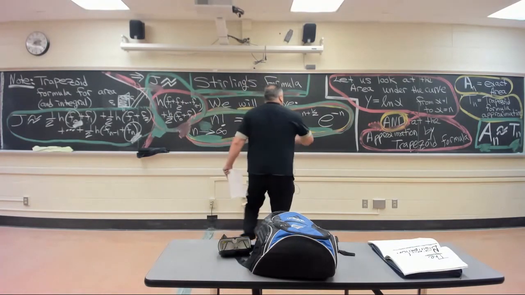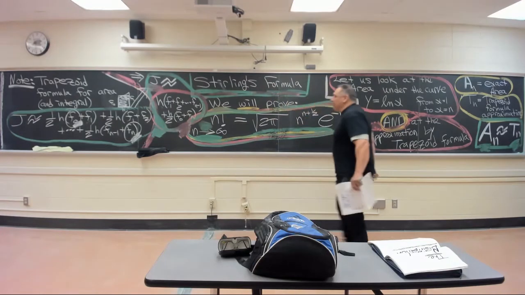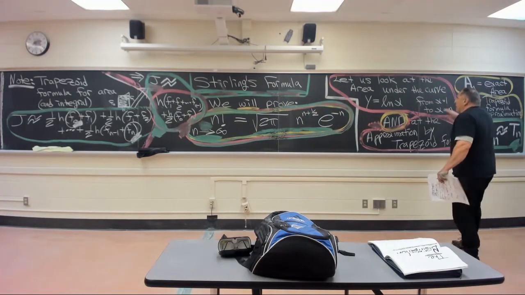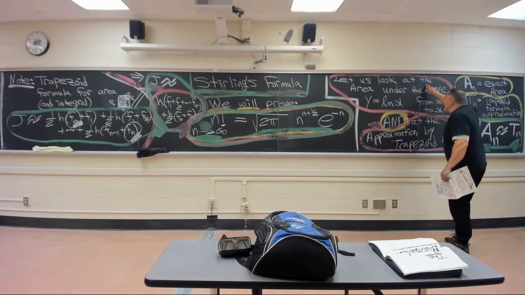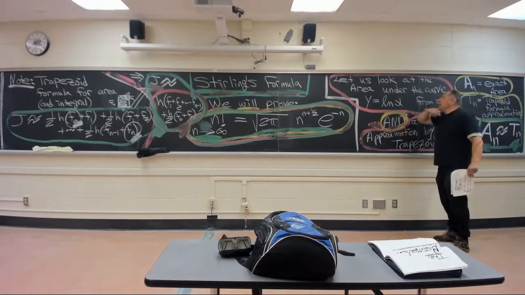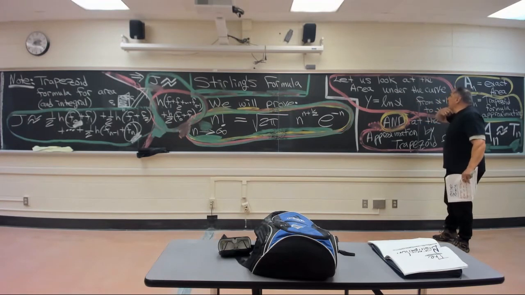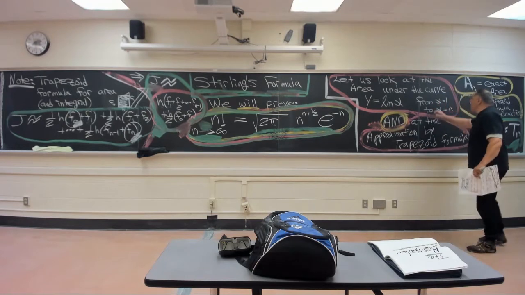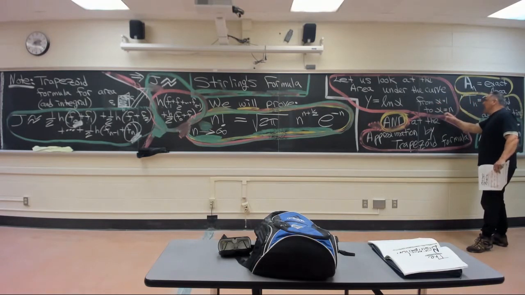Again, we're saying we're shooting for this. Okay, we've got a basic blueprint of what we're doing here, guys. Let us look at the area under the curve of the function y equals ln x from x equals 1 to x equals n.